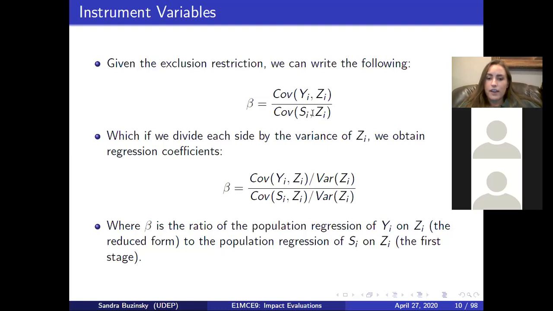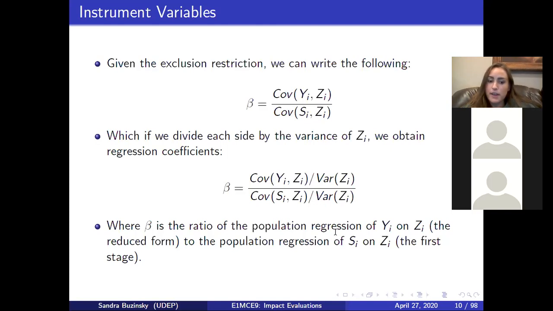If you want to make it look neat, this will look like the Wald regression, which I'll talk about later. So you can just divide each side by the variance of Zi, and these are the regression coefficients, so it looks like covariance Yi Zi divided by the variance of Zi, and then divided by covariance Si, Zi divided by variance of Zi.